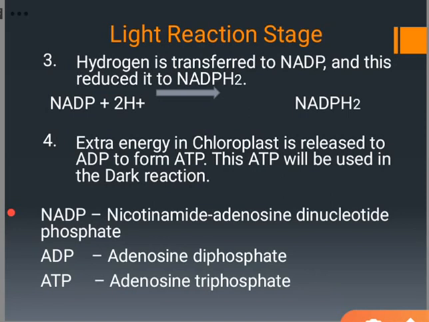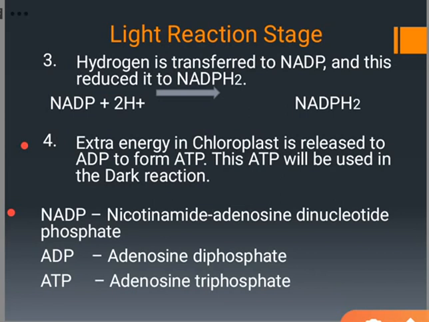Now, why that one takes place: extra energy in the chloroplast is released to ADP, which is another energy precursor. When the chlorophyll was initially excited at the first phase of the light reaction stage, not all the excited energy is used to split the molecule of water.